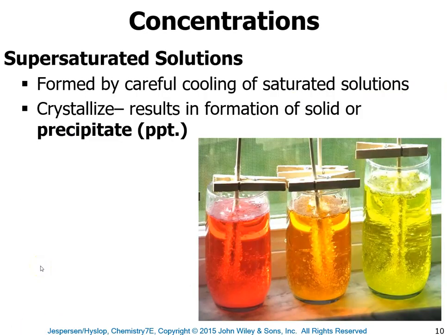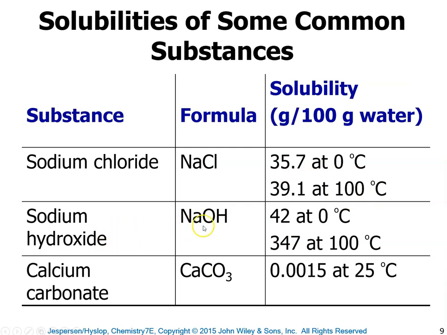You may have at one point tried to make sugar candy using supersaturated sugar solutions, or maybe you've just eaten it before, but basically you boil sugar water and you can get a ton of grams of sugar, for example, not sodium hydroxide, hopefully, sugar in solution at boiling, and then you cool it down.